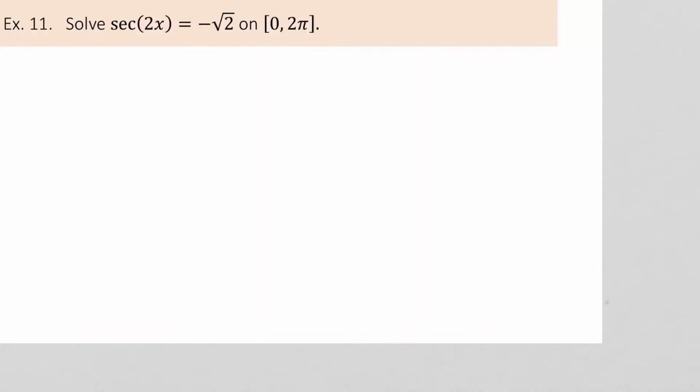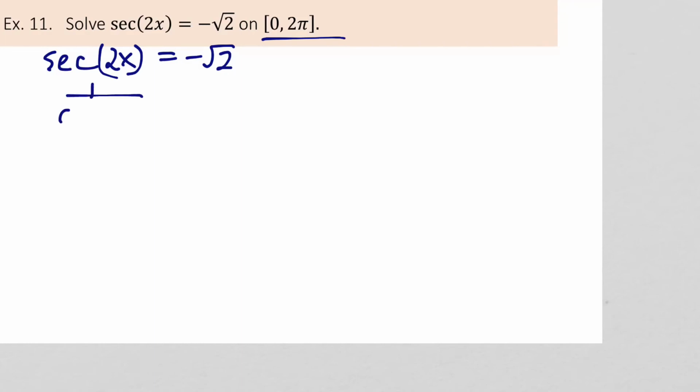So here we're solving the secant of 2x is equal to negative root 2 on the interval 0 to 2 pi. So the first thing you do is you write your secant is 1 over the cosine of 2x. So that's equal to negative root 2 over 1.